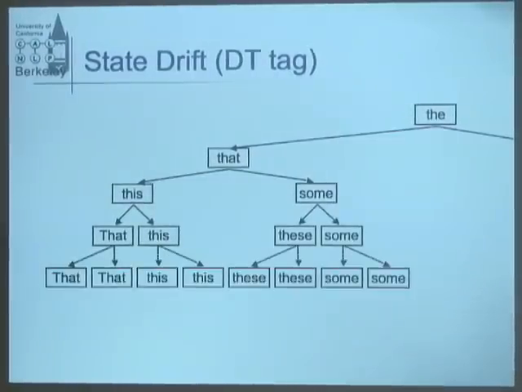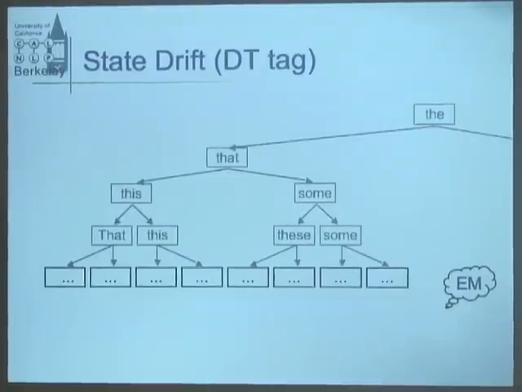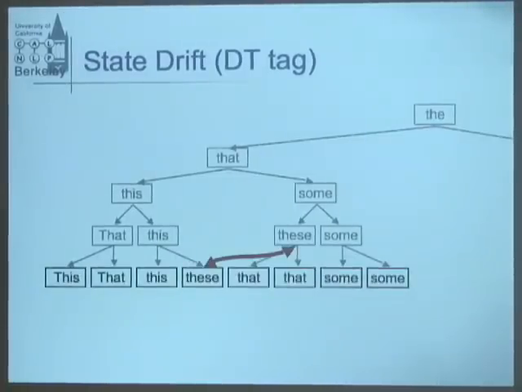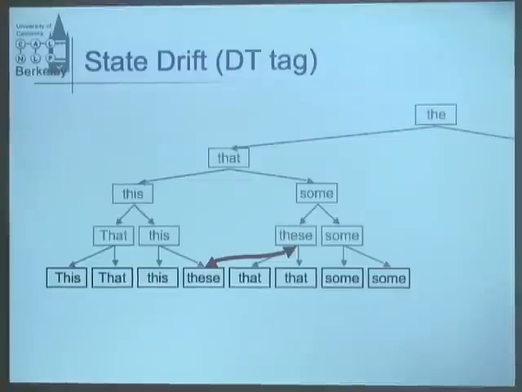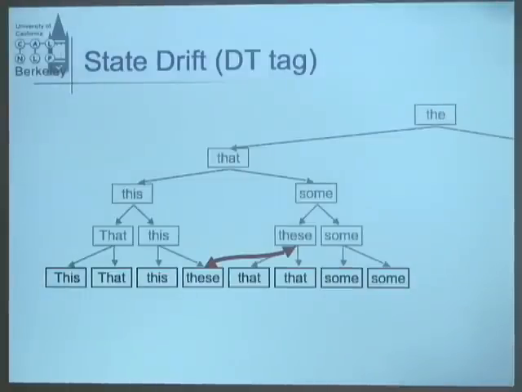So we initialize, we add noise, and then we just keep doing EM, and we end up with something where, for example, the word these, which was the second highest word here, has now drifted and become a subcategory here with the dominant tag. So if we use the previous grammar for pruning, we need to be more careful with setting the thresholds. If we had grammars that are approximations of our most refined grammar, then we could potentially prune more.